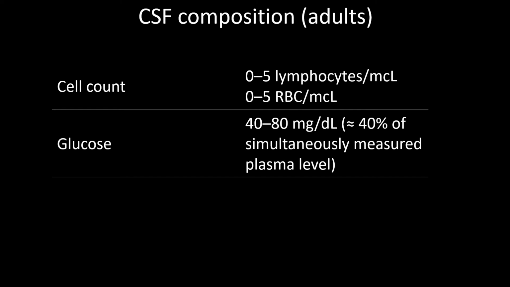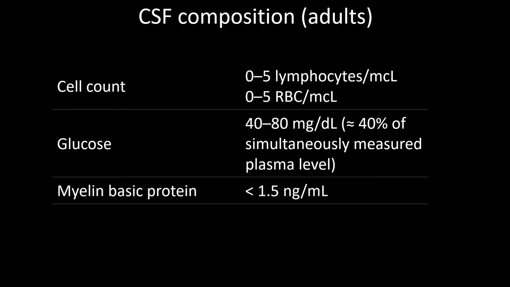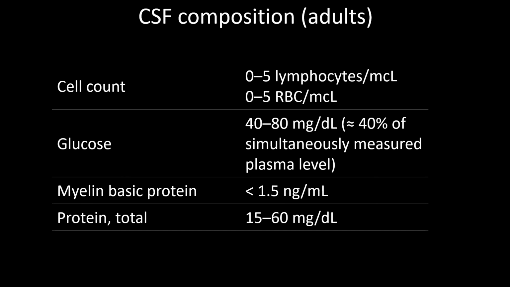Glucose is usually 40 to 80 milligrams per deciliter, which is about 40% of the simultaneously measured plasma sugar levels. Myelin basic protein is less than 1.5 nanograms per ml. The total protein is about 15 to 60 milligrams per deciliter.